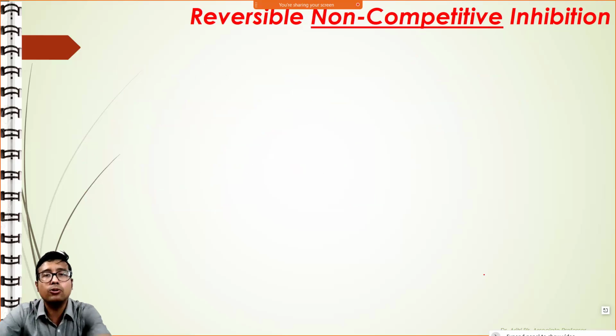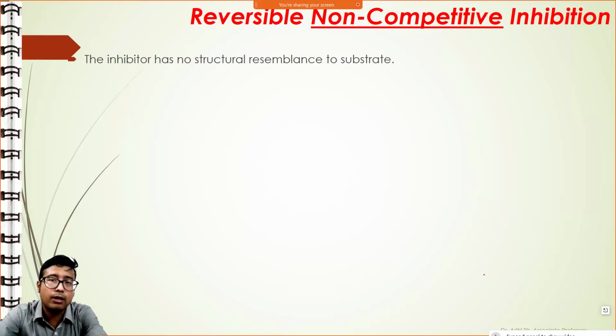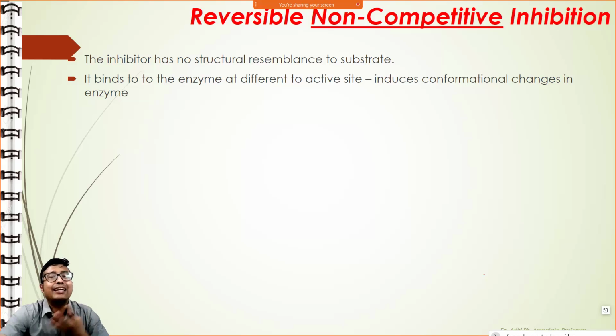Next, we go to non-competitive inhibition. Now, what is the difference between competitive and non-competitive? Number one difference is that the inhibitor has no structural resemblance to the substrate. The inhibitor and the substrate are completely different. In the previous one, the competitive, the inhibitor and the substrate were binding to the active site, right?